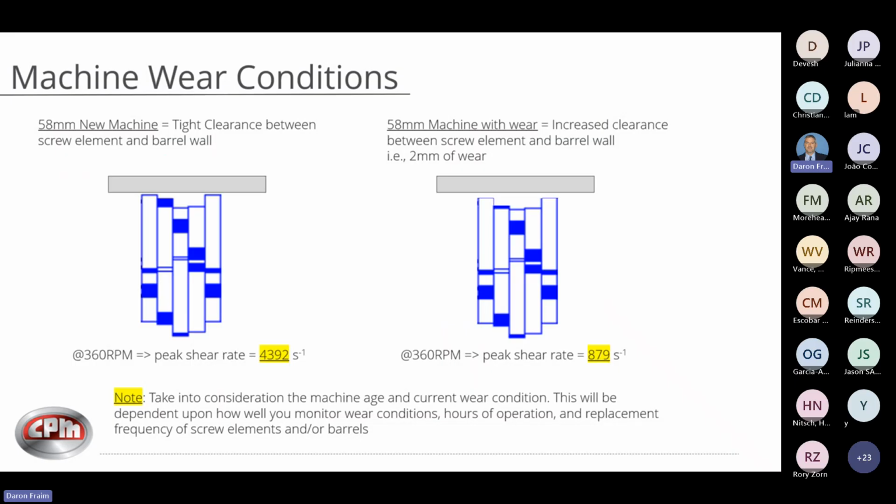If you do monitor or measure your barrel ID occasionally, I don't know if that's something many of you do. It's more common for people to measure the wear condition of their elements, not as frequent or common to measure the barrel wear conditions. But if you have that data, you can assess, generally speaking, your production machine, particularly when you're moving from a lab pilot scale machine to a production machine.